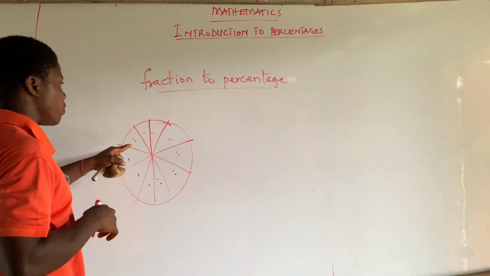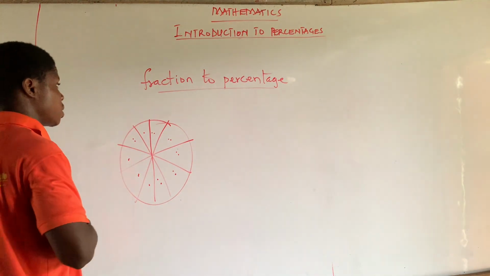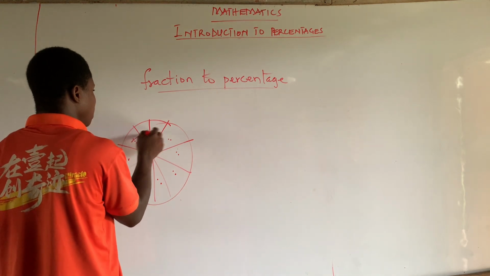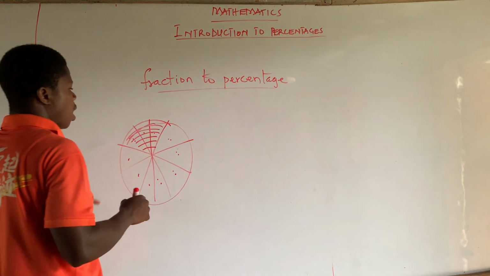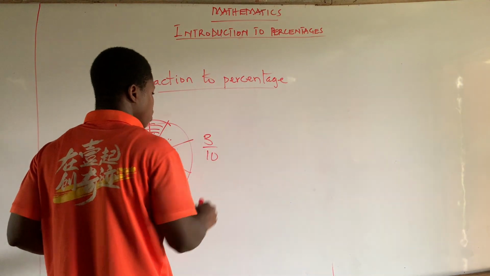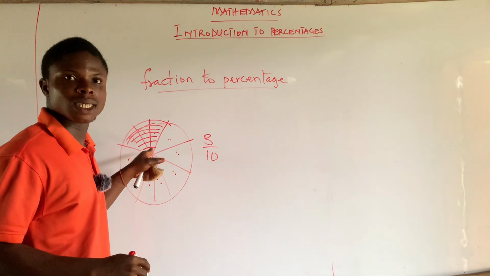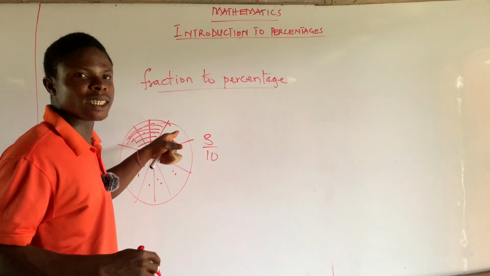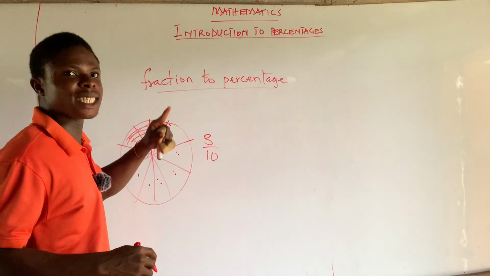This cake has been divided into 10 equal parts, and we have taken 1, 2, 3 out of the 10. 3 out of 10. We want the percentage of the cake that has been taken, or eaten.